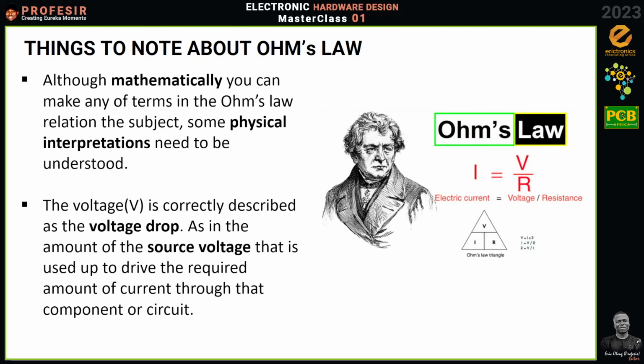Ohm's law is actually talking about voltage drop, in other words, the voltage that has been used or consumed by that component. So in Ohm's law, the voltage we are talking about is voltage drop, not the same as our EMF. That's why some people prefer to call the source voltage the EMF, making it look different from the voltage drops in the circuit.